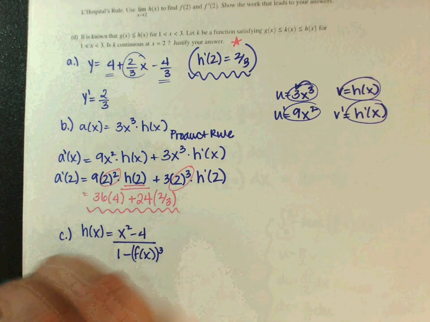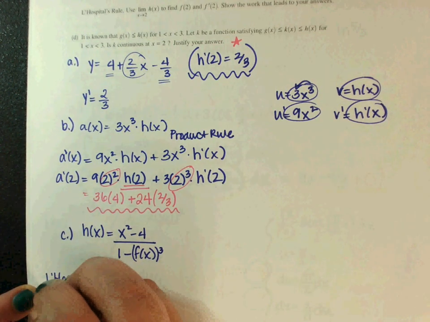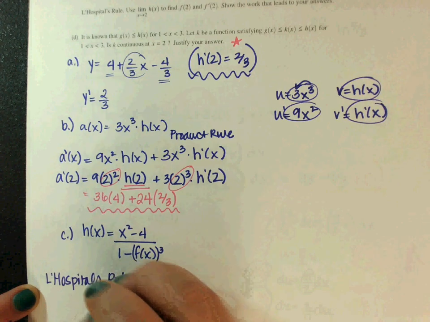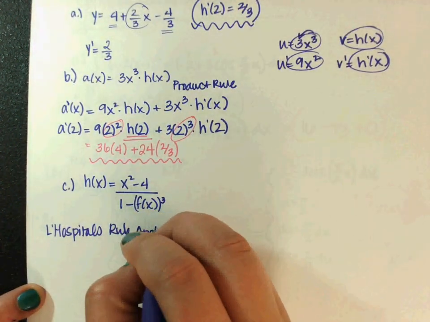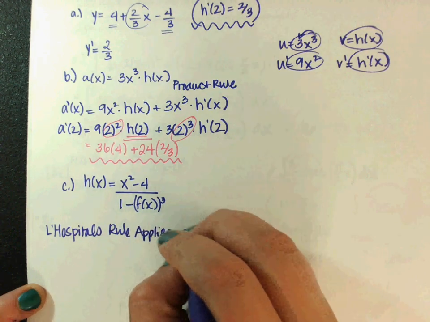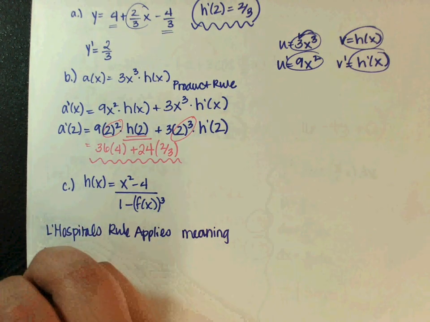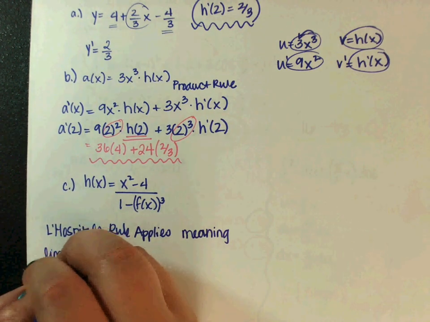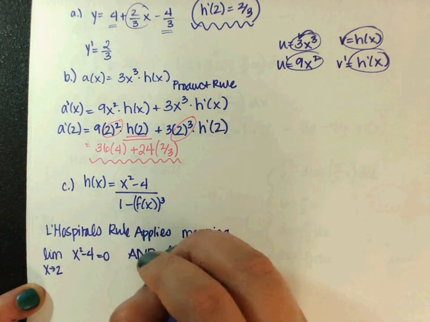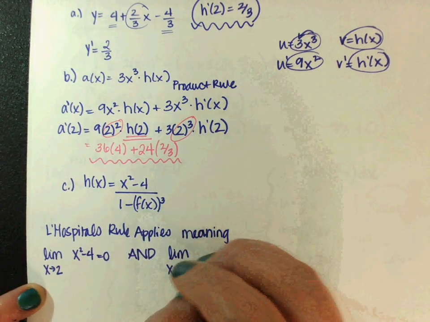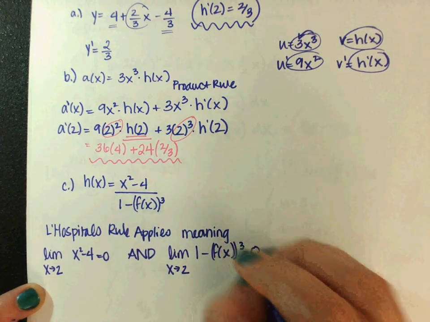Okay, the first thing that I want you to think about is that since L'Hopital's rule applies, that means that the limit as x approaches 2 of the top has to equal 0, and that the limit as x approaches 2 of the bottom has to equal 0.